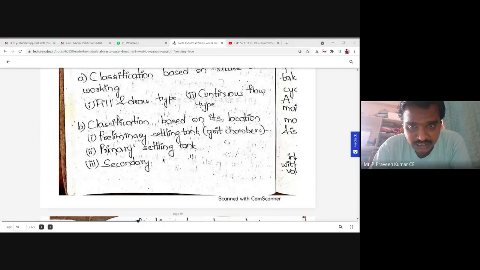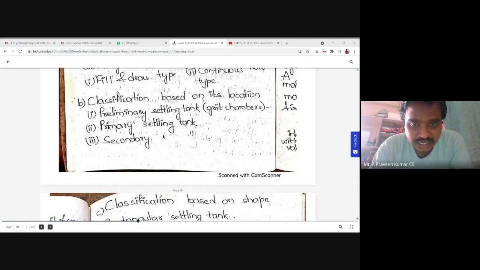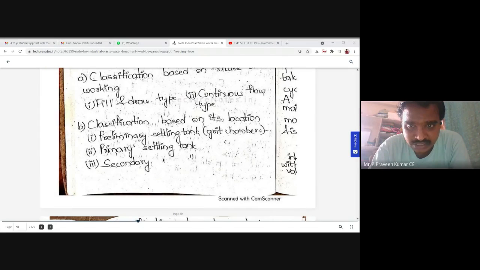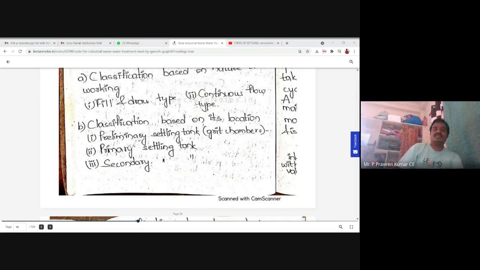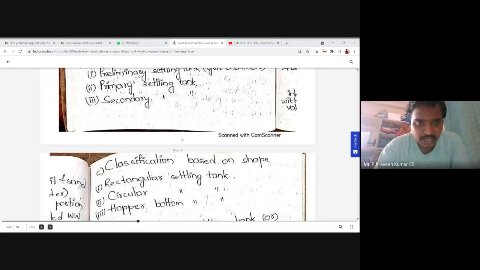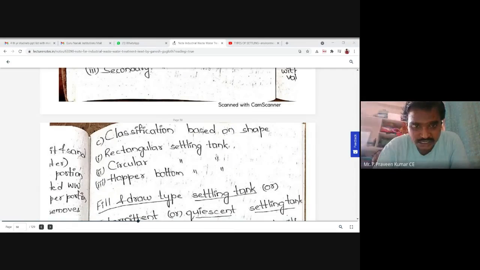Coming to the classification based on location: preliminary settling tank, primary settling tank, and secondary settling tank. We have already discussed this in the first units: how the preliminary, primary, and secondary settling tanks work. Next, coming to the classification based on shape.